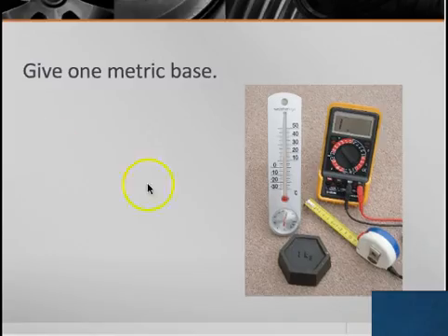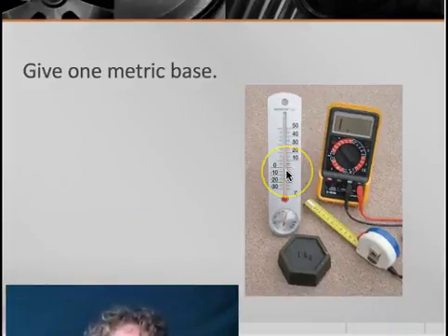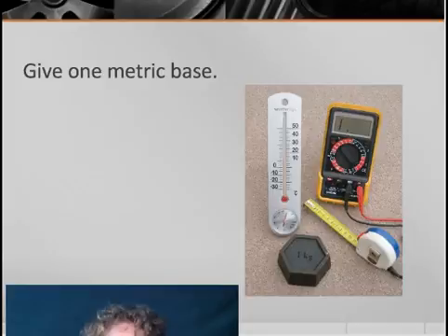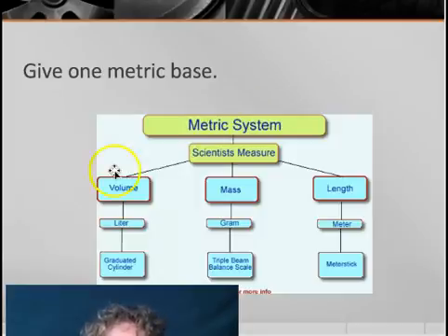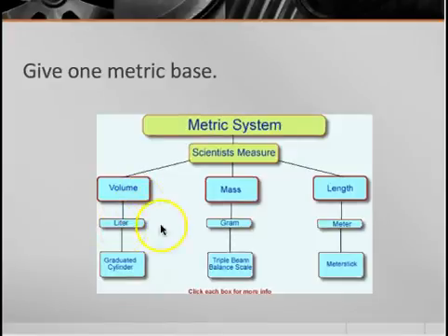Let's think about one metric base. Can you think of something that you put behind the metric prefix? Here are some ideas. Liter, gram, meter.